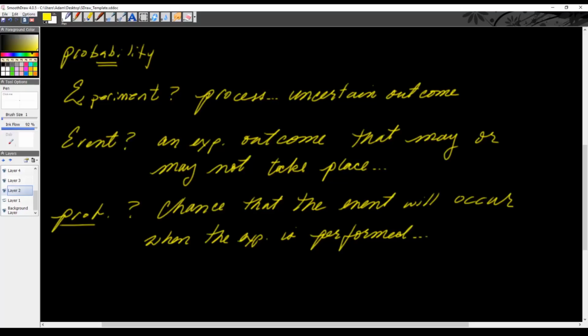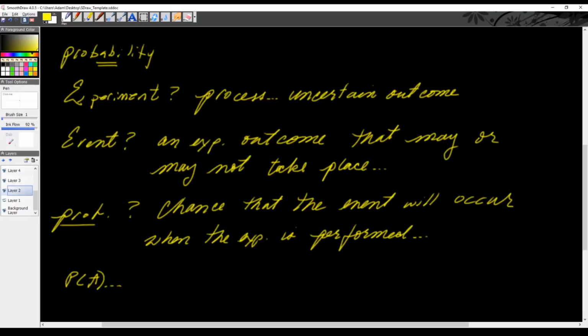So if A is an event that may or may not occur when the experiment is performed, then the probability that the event A will occur is denoted P(A). This is notation that you'll see in stats or quant-oriented courses. So P(A) is just the probability that the event A will occur.